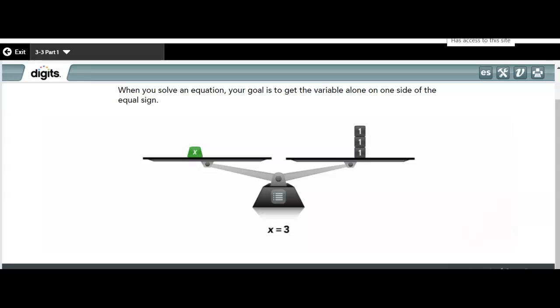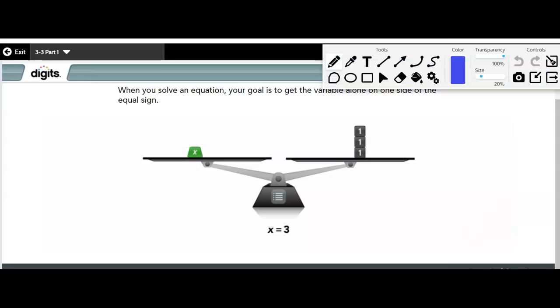Okay, so they do this a little bit different than the way we will write it. If we have the equation x plus 3 equals 6, we are going to use a T-chart. So if you ever hear me say, what time is it? You're going to say T-chart time.